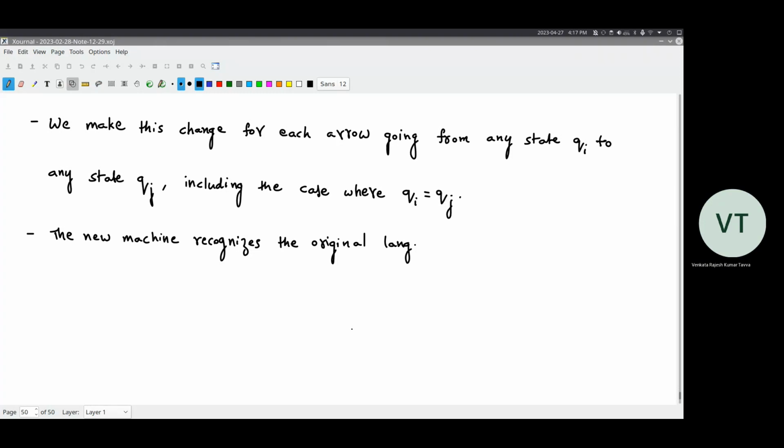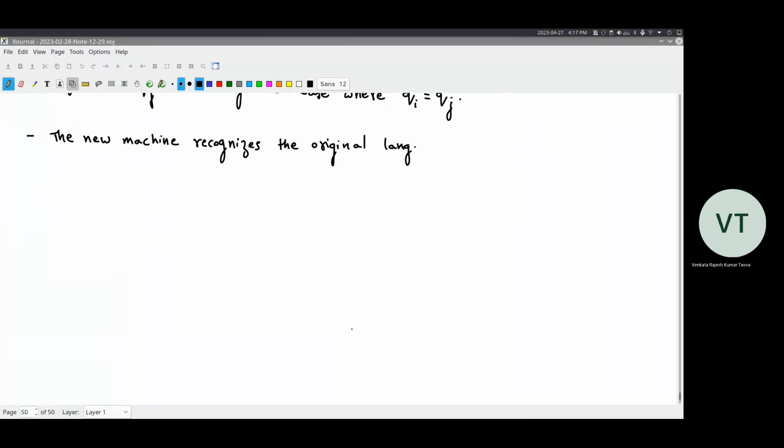Okay, so now let's look at the formal definition of a GNFA.